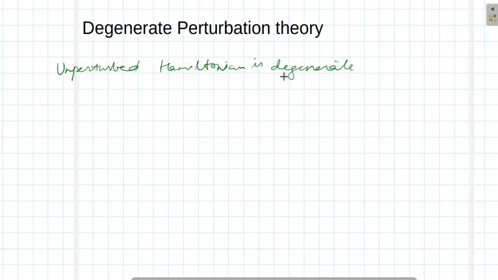What is the meaning of this? H naught is this Hamiltonian and this Hamiltonian is degenerate.